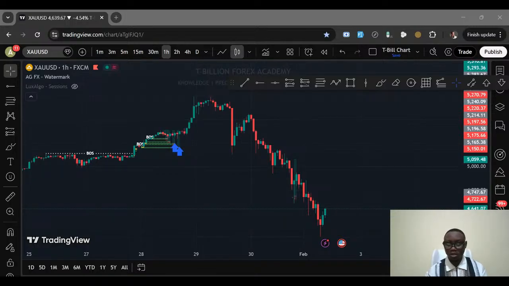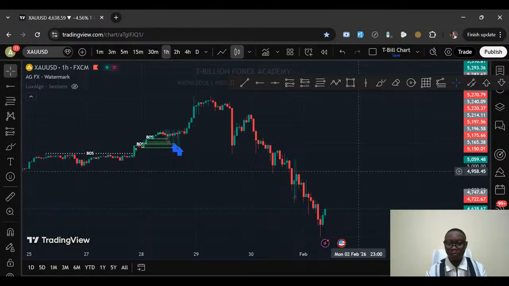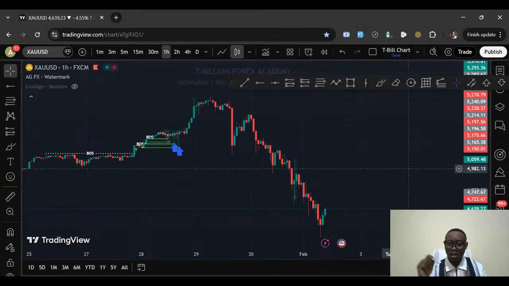This is what triggered this massive bearish trend in gold. However, due to geopolitical reasons, I think the long-term bullish run still stands. So hopefully this week we should experience a bullish movement.